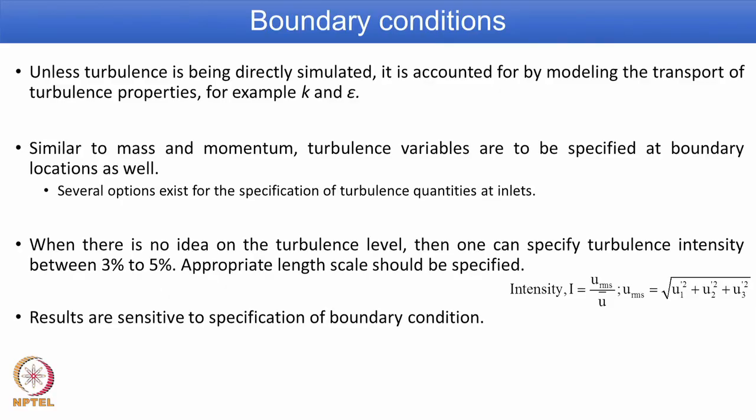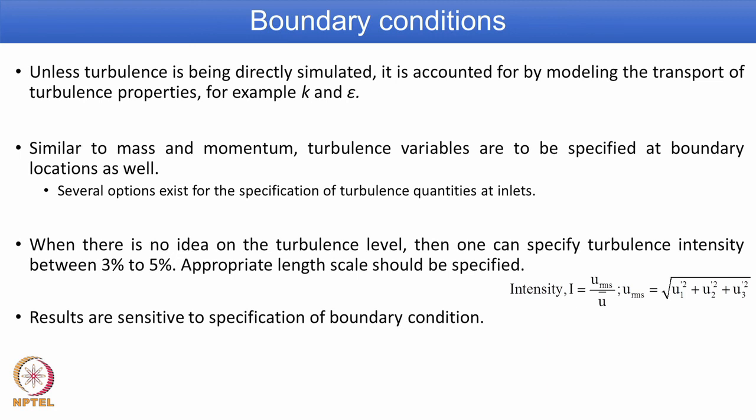There is another point, what is known as turbulence intensity, and that is shown here. Intensity is I equals u RMS by u bar, where u RMS equals the square root of u 1 prime squared plus u 2 prime squared plus u 3 prime squared. Intensity is normally given either in the experiment or in the appropriate condition.